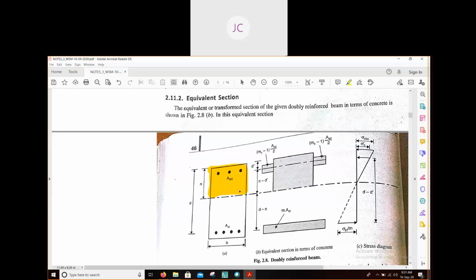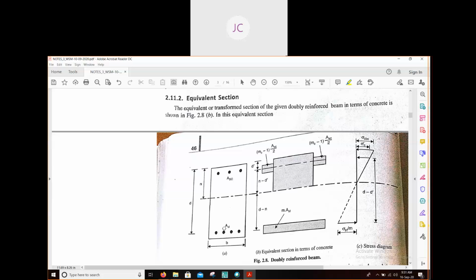Now this part will consist of two things. One is our concrete, and another is the steel which we have provided. This is a part of this compression zone. So we have to find out the area of the concrete as well as the area of steel. If we assume that the area of steel in compression is ASC, A for area, S for steel, C for compression.